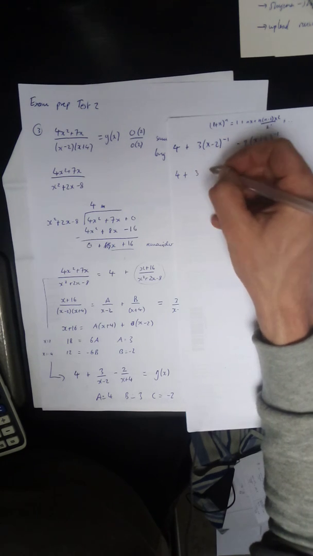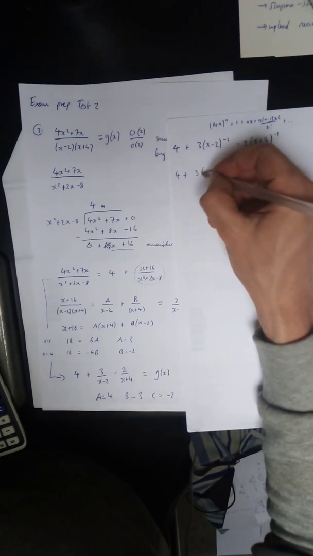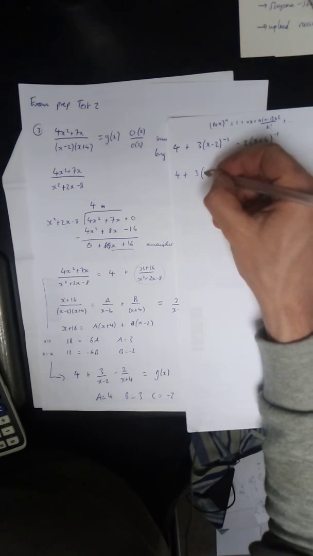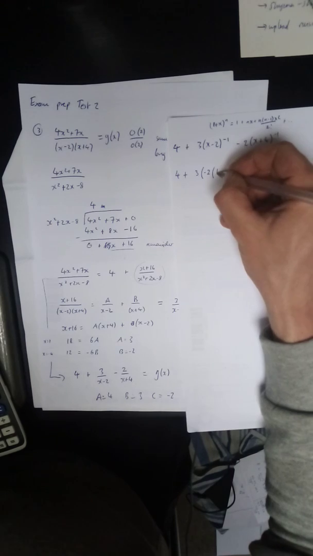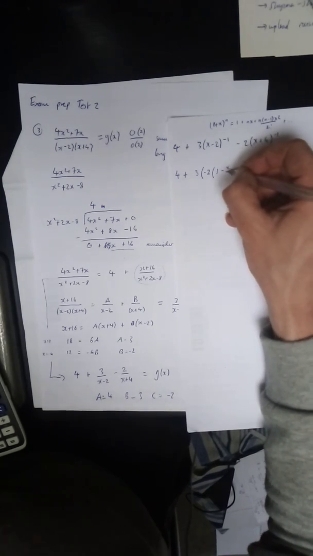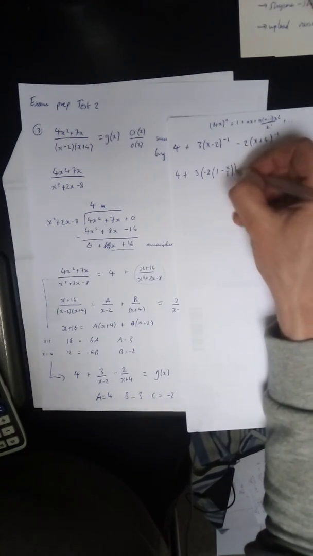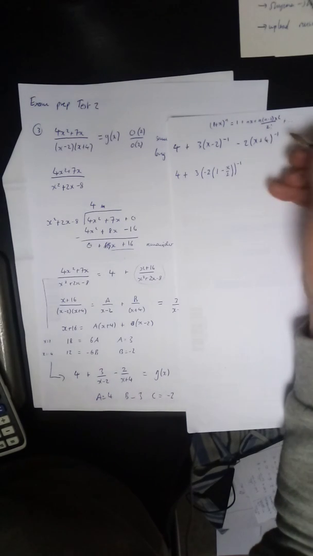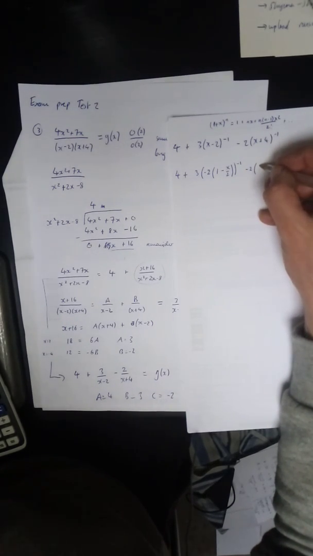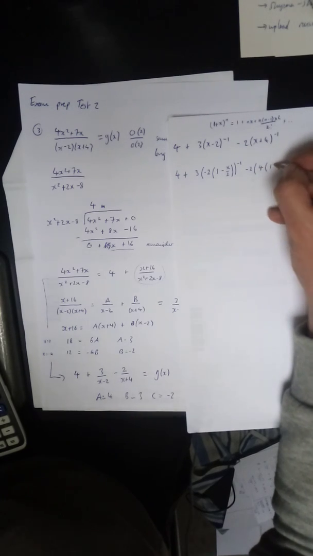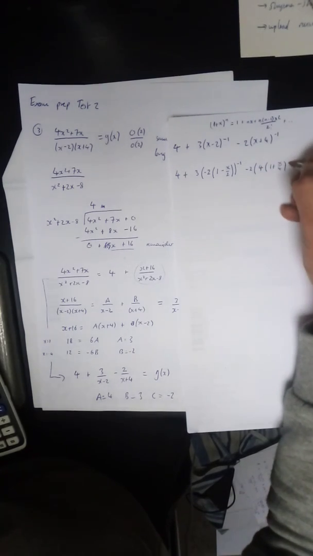So that's going to be 4 plus, we need 1 plus, don't we? So 3, and I'm going to take out, okay, we just got to be careful with brackets here. So I'm going to take out minus 2 because we want plus 1, brackets, that becomes 1 minus x over 2, and all of that's to the power of minus 1, right? And this one again, we're going to have minus 2, brackets and then 4, brackets 1 plus x over 4.